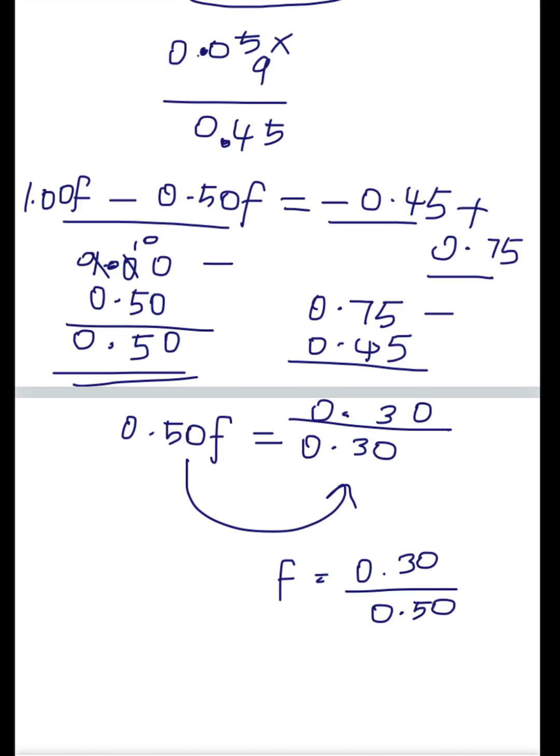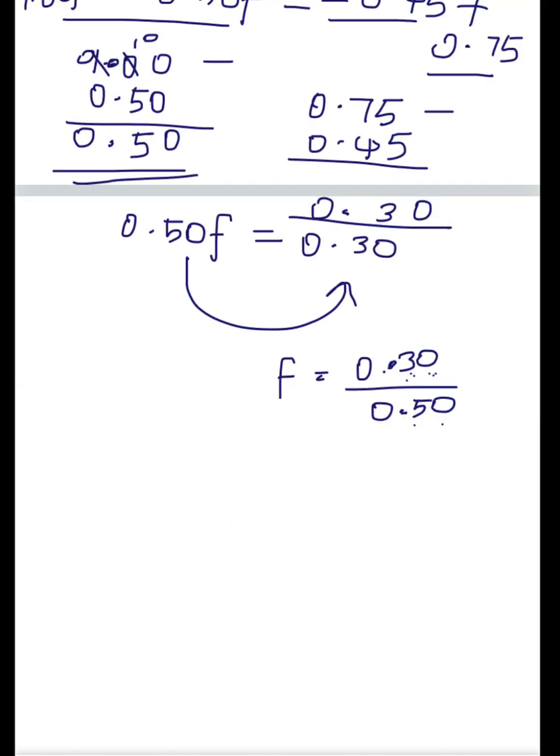0.30 divided by 0.50. Here you can see that in the numerator after the decimal point there are only two numbers, and in the denominator after the decimal point two numbers are there too. That means you can just avoid this decimal point and simply write it as 030 divided by 050. Why?